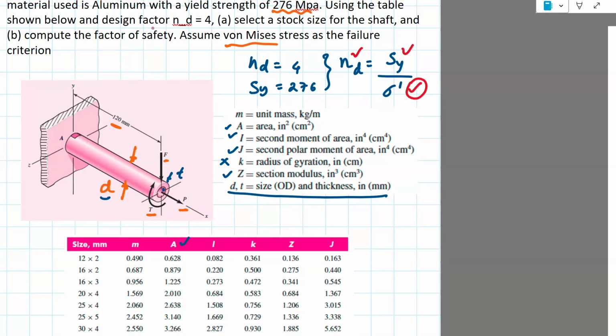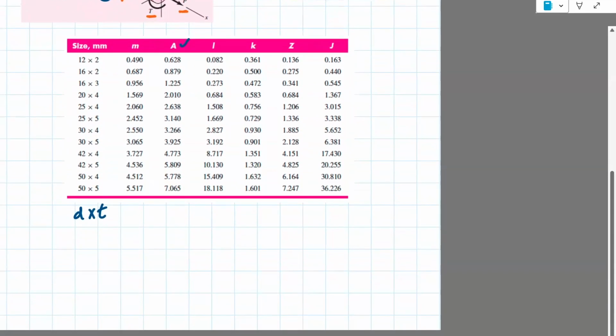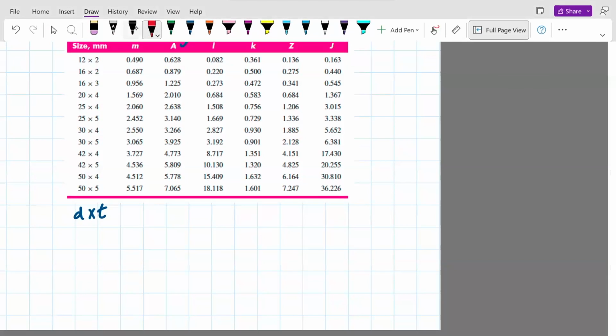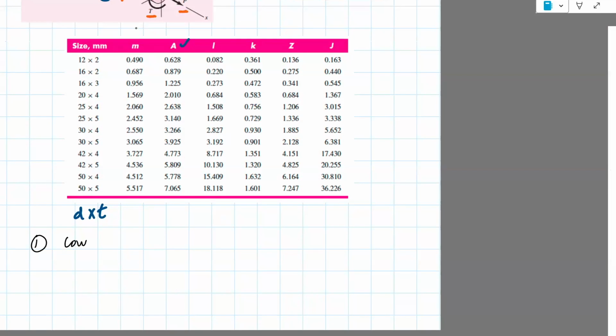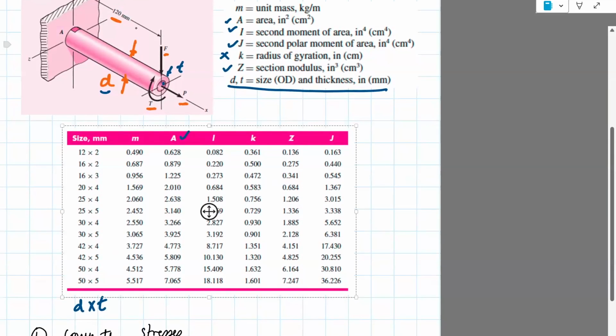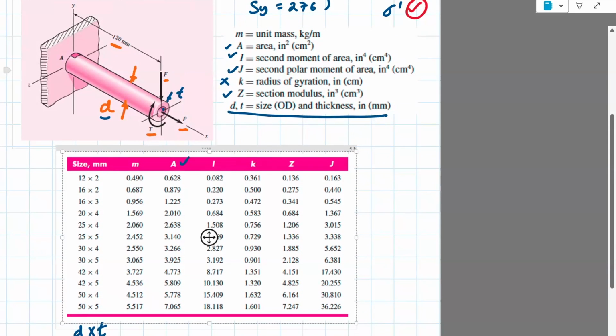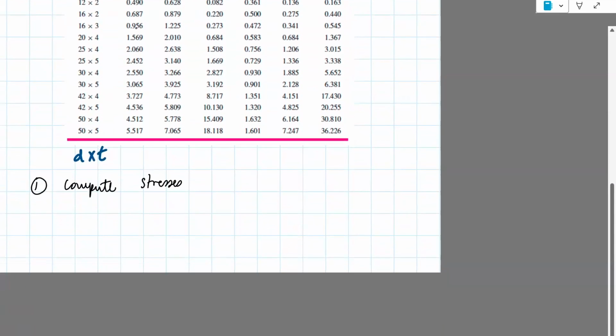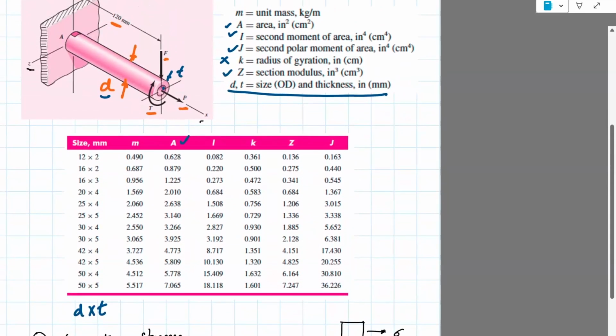Okay, so let's get started. It's essentially a similar process like before. The three steps are: one, compute stresses. In this case, if you look at element A, it looks like it's in the XZ plane, Z being here, X here. So you will end up with an element which looks like this. I'm going to draw this exactly like it is here.